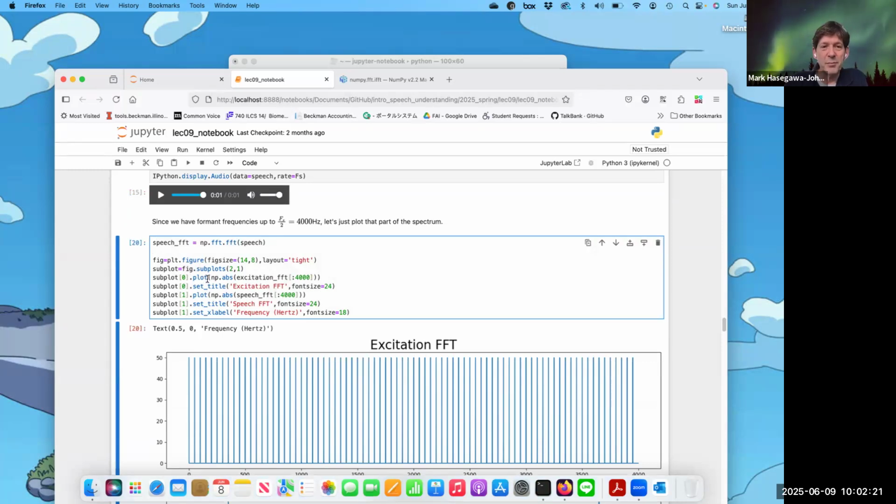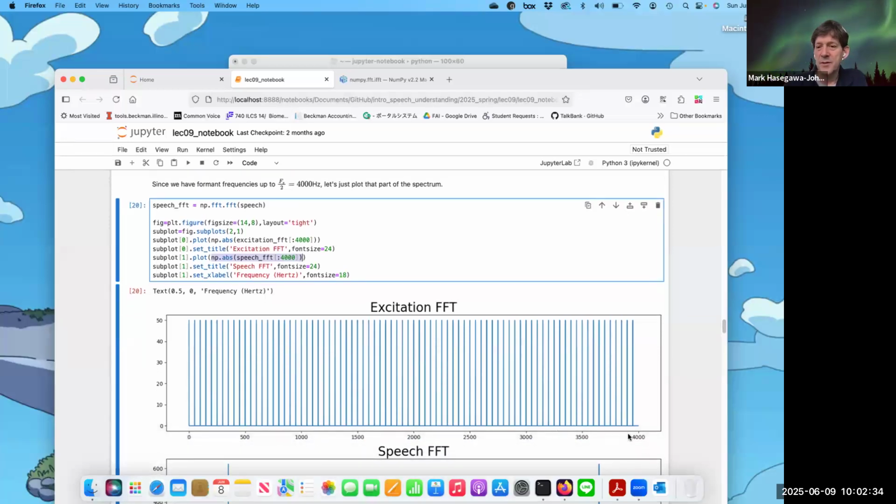And then I'm going to create two subplots. In the first subplot, I'll plot the Fourier transform of the excitation. And in the second subplot, I'll plot the Fourier transform of the speech. Here's those sample times. Let me plot that with respect to f. So they plot f of up to 4000.